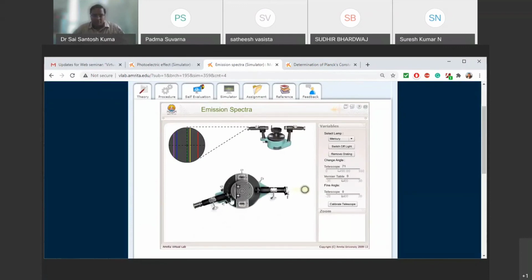Keep the numbers for vernier 1 and vernier 2, make note of it. Then you can change the color to yellow and then use these numbers. Again you calculate this, use this as vernier 1, use this as vernier 2, and go there, the other side.